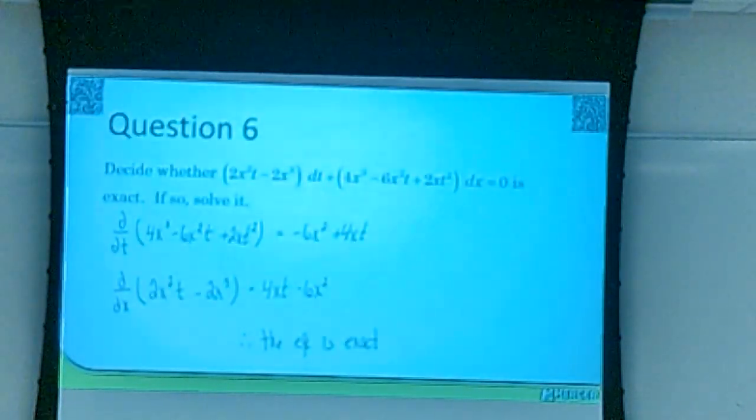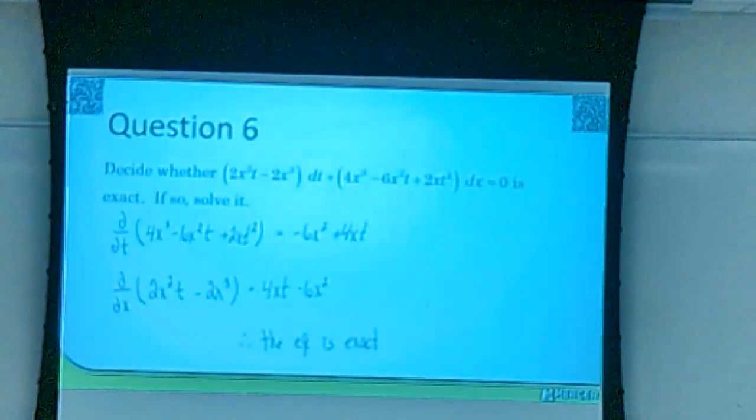Psi of t would have to be 2x squared t minus 2x cubed. And then we want psi with respect to x. So that's lowercase psi. That's capital psi. Capital psi is used in quantum.